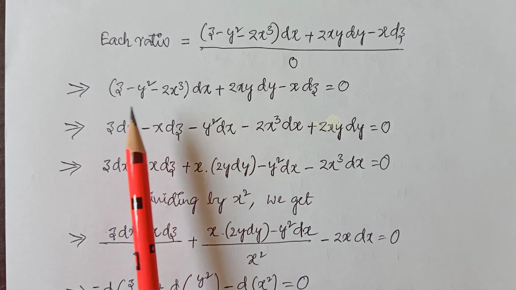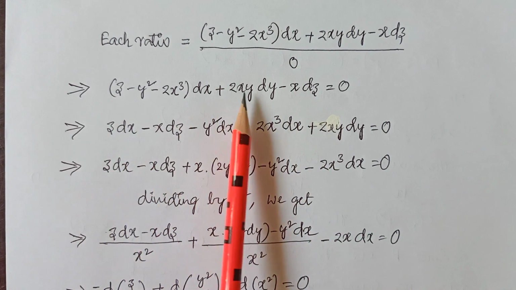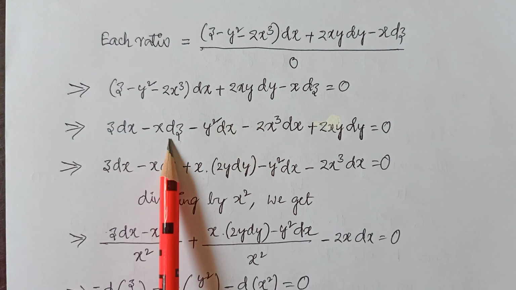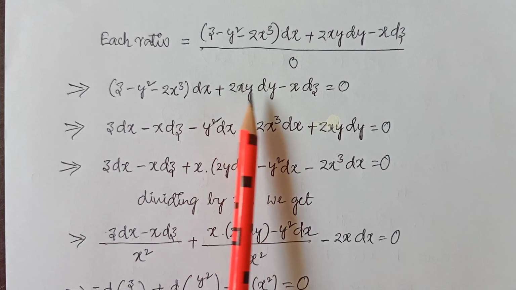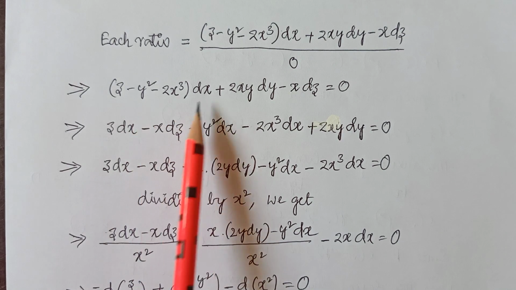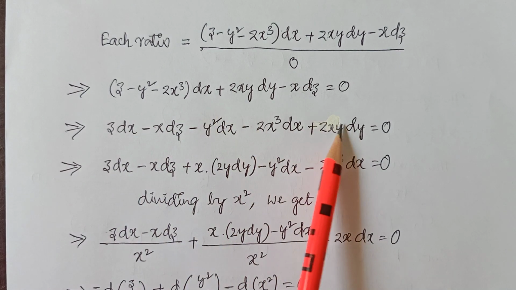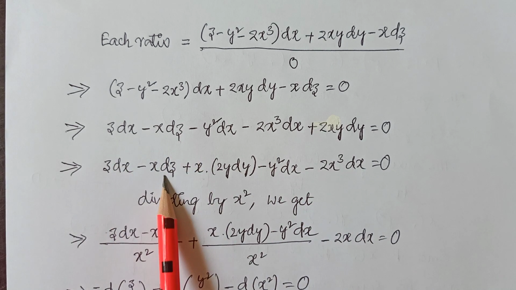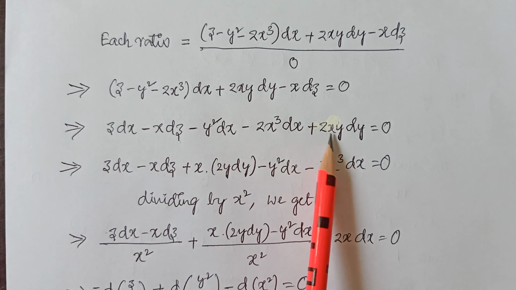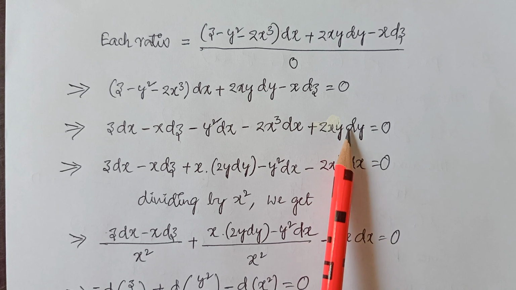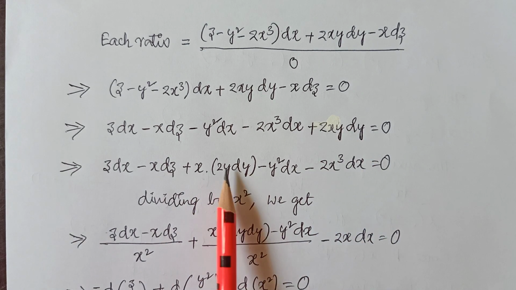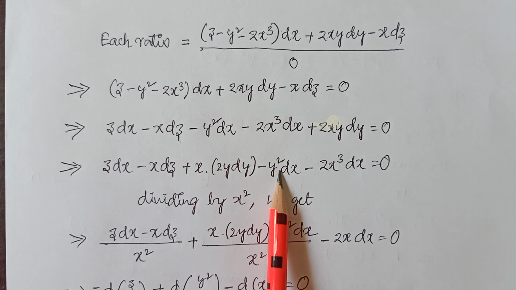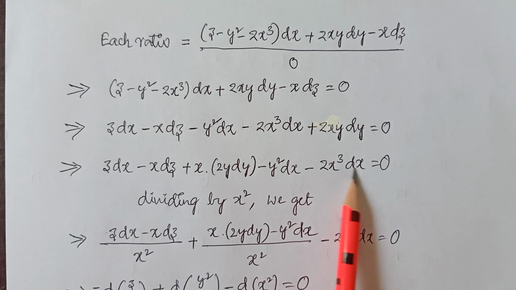Now here we got these terms, and I am rewriting this as z dx minus x dz, combining these two. Next, minus y square dx minus 2x cube dx, and here plus 2xy dy. Again, rewriting z dx minus x dz as it is, I write 2xy dy as x into 2y dy, and minus y square dx, and here minus 2x cube dx.